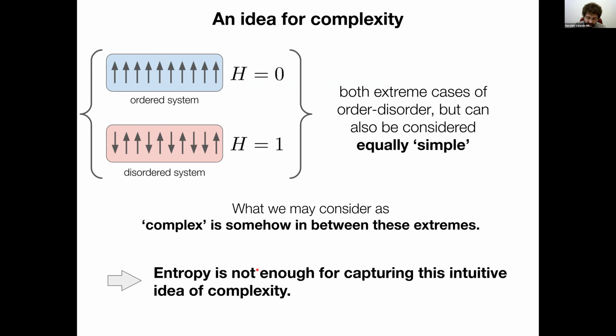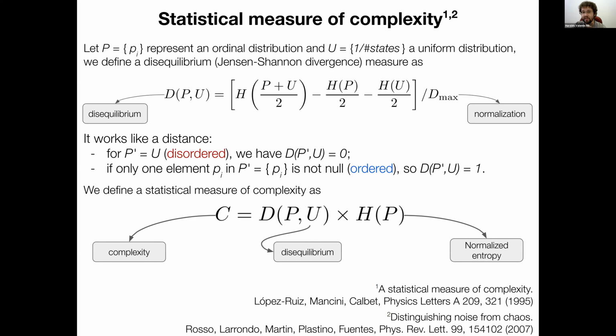So if entropy is not enough for capturing this intuitive idea of complexity, what can we do? One thing that we can do is to estimate another quantity that we call a statistical measure of complexity, which has been defined in Physics Letters A by Lopez-Ruiz and his collaborators, and also by Rosso and his collaborators in Physical Review Letters.